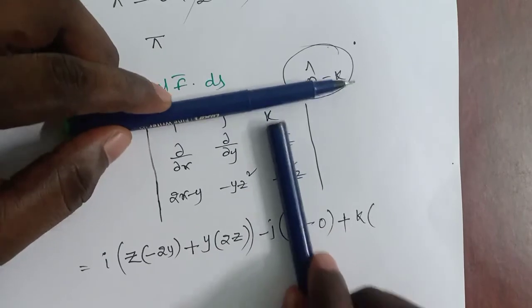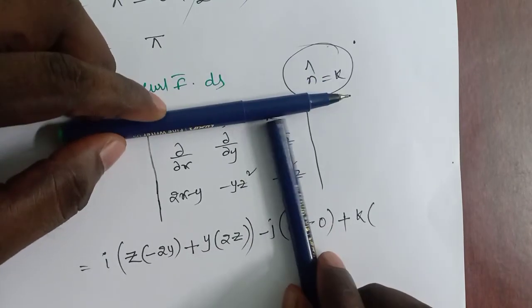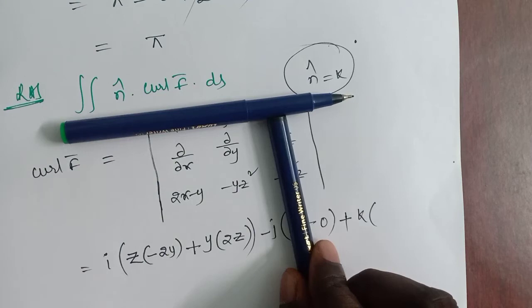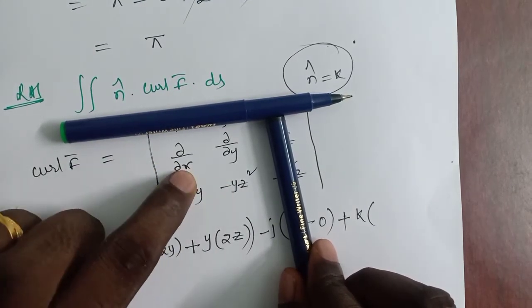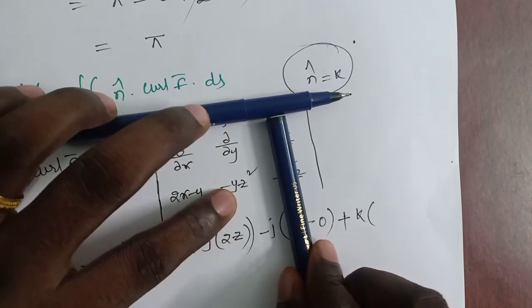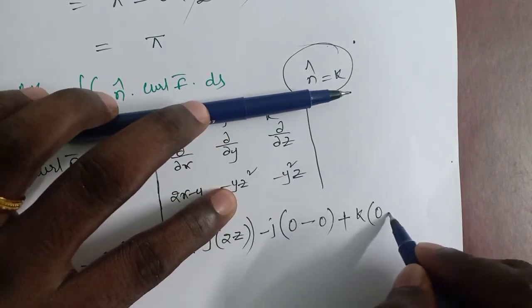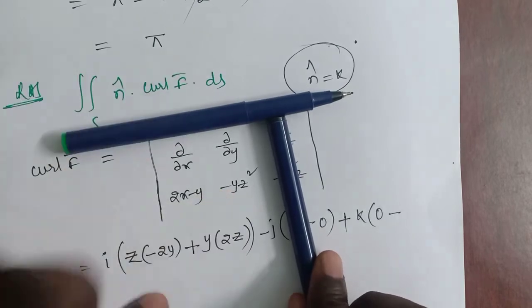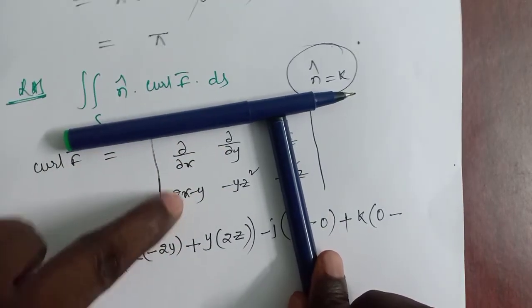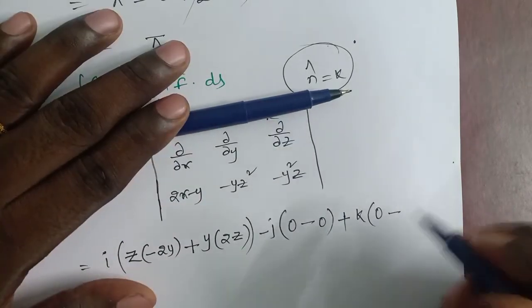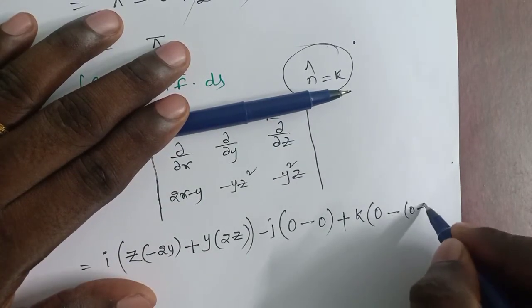Now if you want to take k, cofactor of k, put just like this. So dou by dou x of this one, with respect to x these are the constants, so that it is 0 minus. Now again, dou by dou y of 2x minus y. So for 2x it is 0, minus y it is 1. So 0 minus 1.